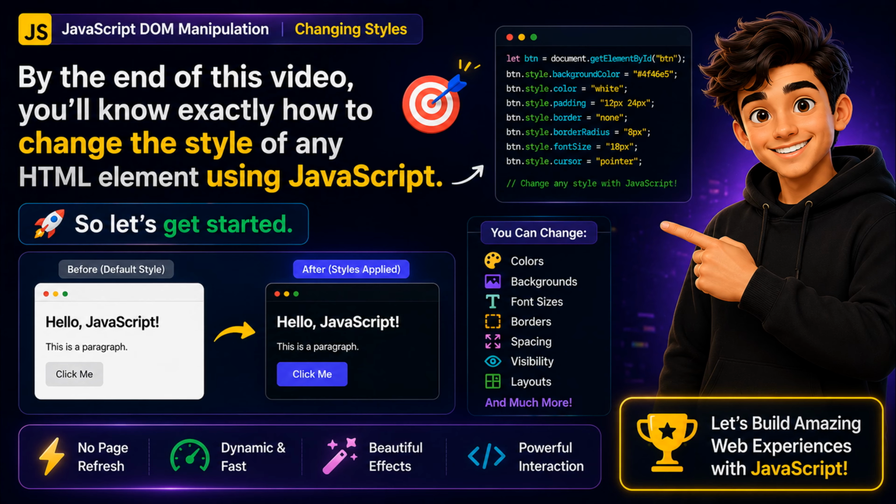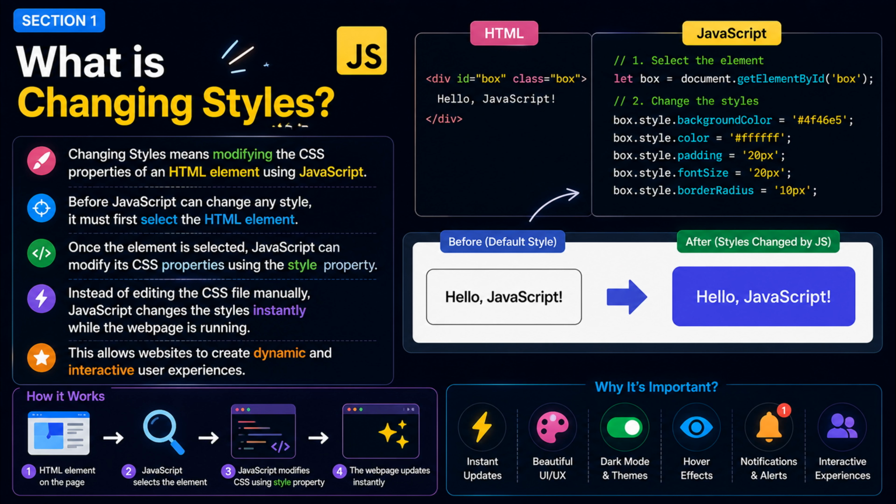By the end of this video, you'll know exactly how to change the style of any HTML element using JavaScript, so let's get started. Section 1. What is changing styles? Let's first understand what changing styles means. Changing styles means modifying the CSS properties of an HTML element using JavaScript.